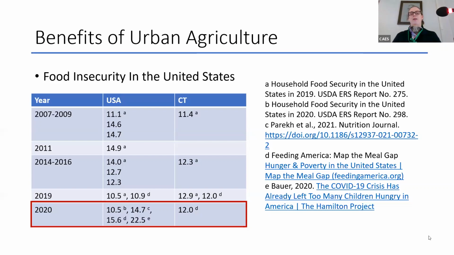And they guessed around 15%. And the 15.6 and 22.5% numbers are from surveys that were done using different methods during the height of the pandemic. So they might actually be capturing a little bit better what was going on when unemployment rates were so high and we had so many food supply disruptions.